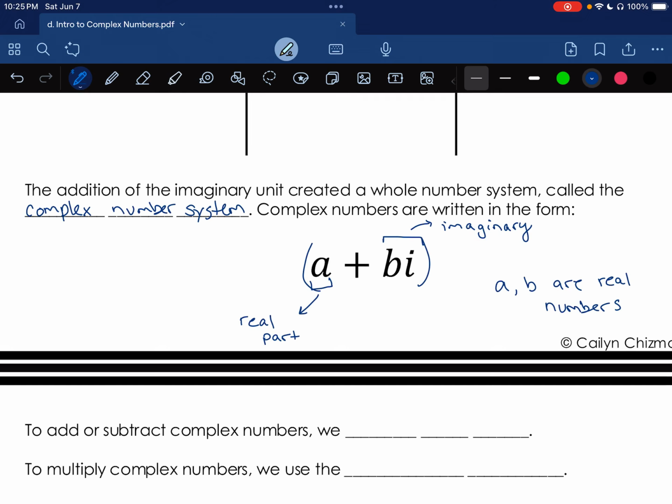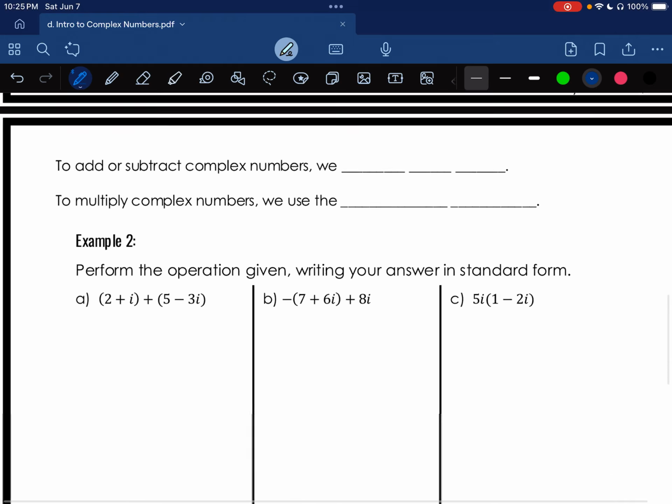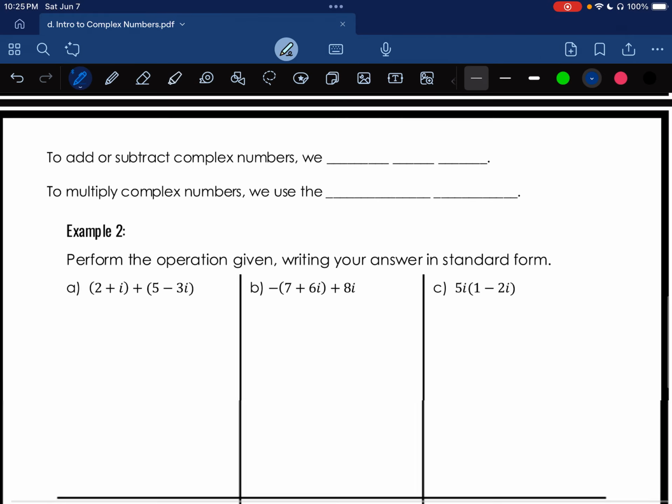All right, pretty cool stuff, guys, not gonna lie. Now, just like when we've talked about new operations in the past, like square roots, for example, we have to think, how do these work? How do we do operations with them? How do we use them?